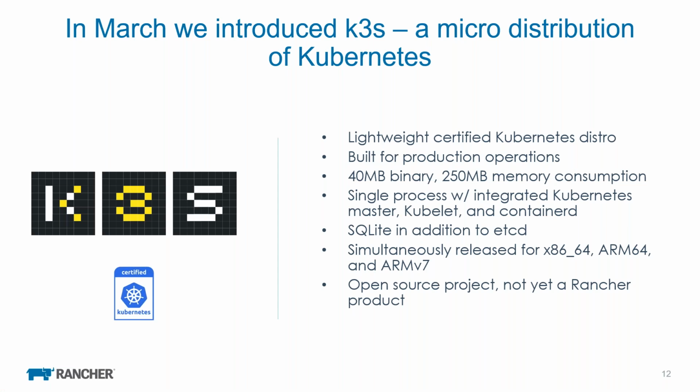K3S was a project we announced back in March, and it's a micro distribution of Kubernetes. For those of you who aren't familiar with it, it's an upstream implementation of Kubernetes, but where we've removed a lot of the non-essential components like alpha code and cloud drivers and other things that most people don't consume more than one of, and they can inject if they need.